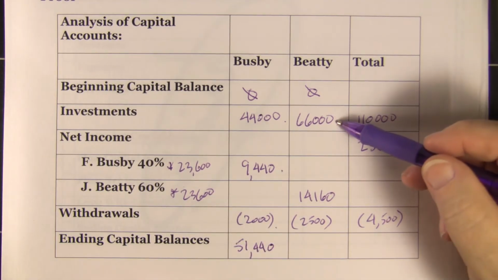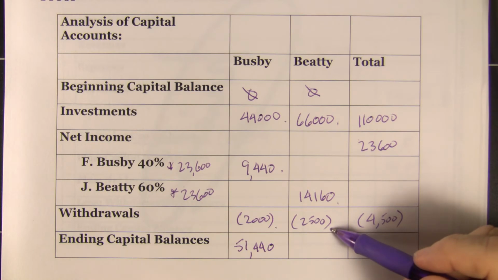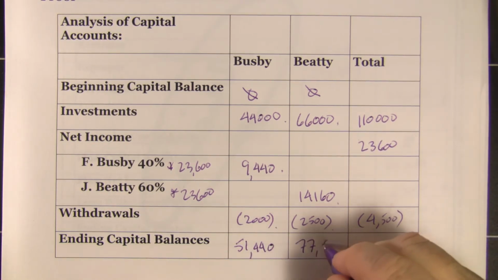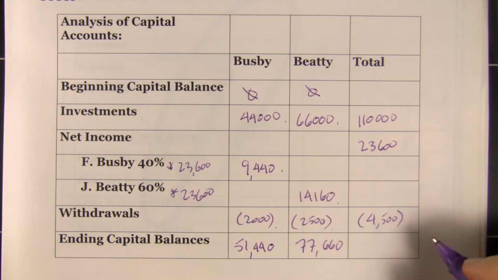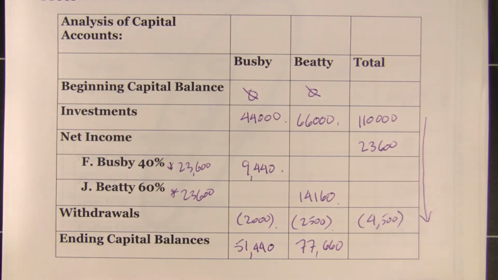She started with $66,000. She earned $14,160. She withdrew $2,500. $77,660. If you add down, you'll come up to that number.